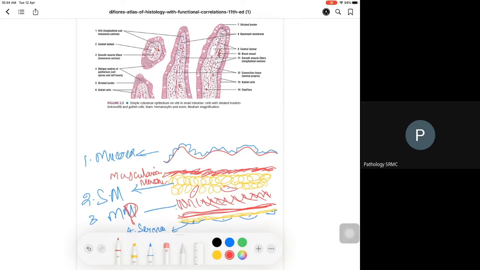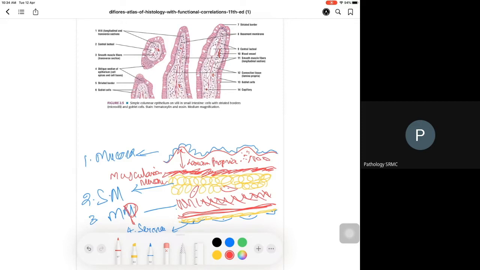The gap between the lining epithelium and the muscularis mucosa is known as lamina propria. We will be seeing this in the further slides. Lamina propria will have a lot of WBCs and some microcapillaries, and they will rest on the muscularis mucosa.